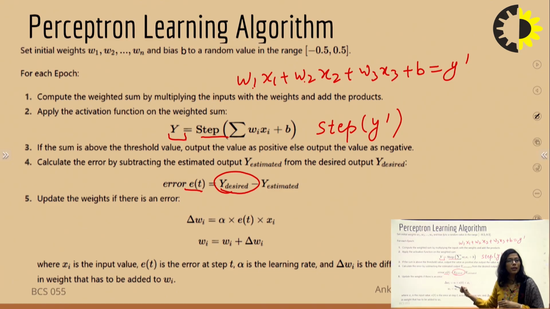Alpha is the learning rate, at which rate I want my weight to increase or decrease. ET is the error, and XI is the input. So this is the formula of delta W. Then I will be updating the weight for the next epoch. Now my weights are updated, and in the next epoch, I will continue this process again till my error is minimized to 0.